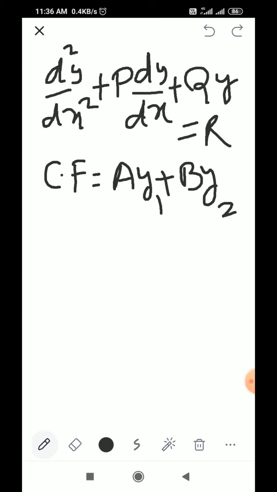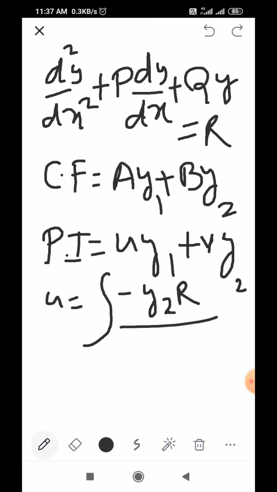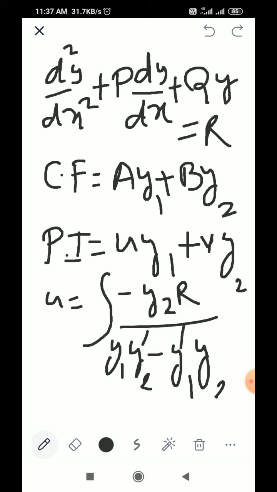In this case the particular integral is given by PI equal to u y1 plus v y2, where u is equal to integration of minus y2 r upon y1 y2 dash minus y1 dash y2 dx.